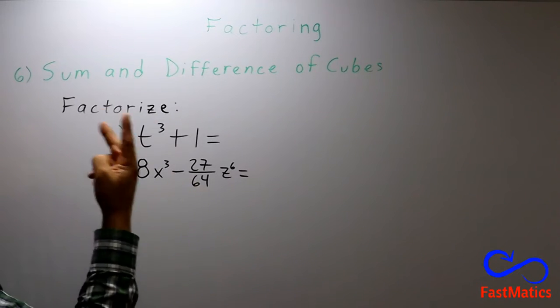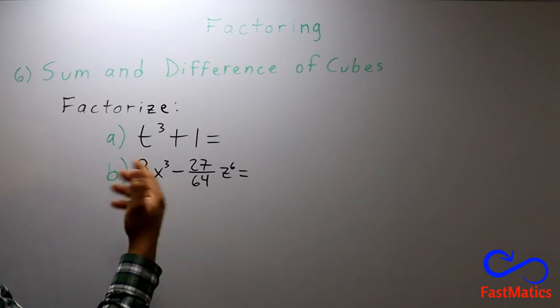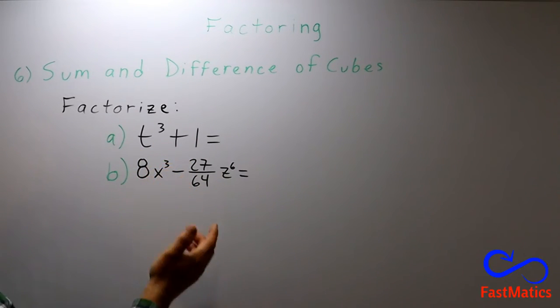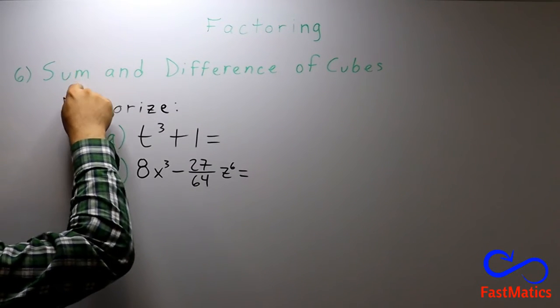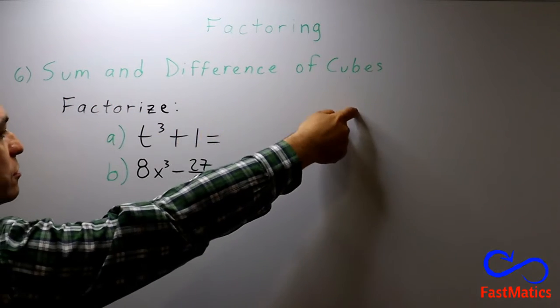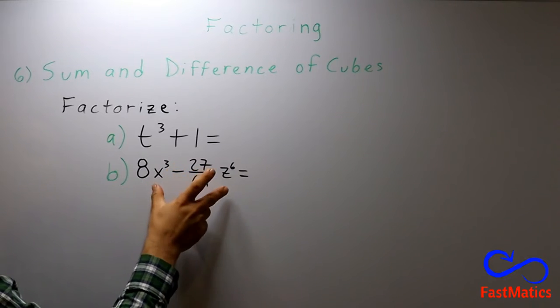But do we have 2 terms that have a cube root separated by a plus or by a negative sign? Yes. So it is the sum case, the sum of cubes, or the difference of cubes.